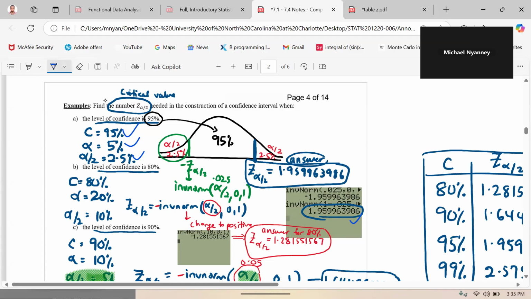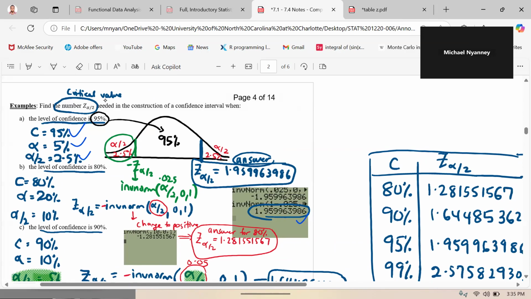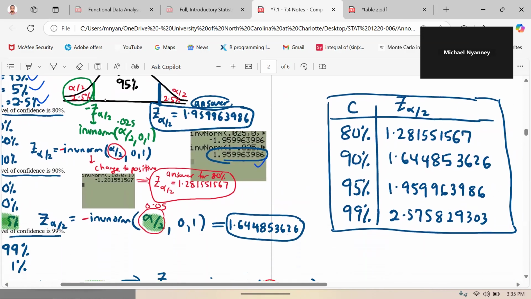So the same idea is what we're going to do for all, but with a rule of thumb, all the z alpha over 2, you can get the answers here. If you have this in mind, you don't have to calculate it again. So if you have 80% confidence level, then our z alpha over 2 is 1.28, or 1.282 if rounded to 3 decimal places. If you take 90%, rounded to 3 decimal places, 1.645.